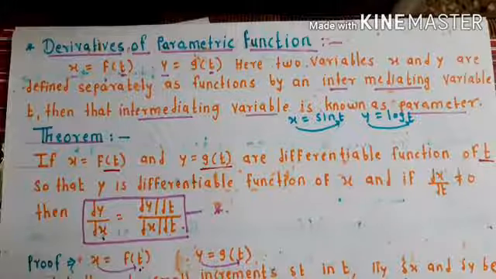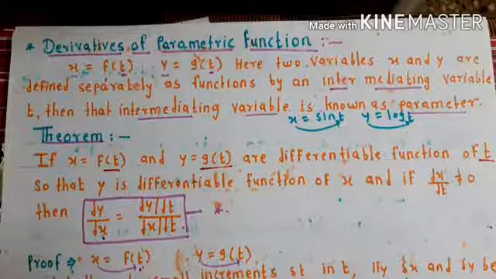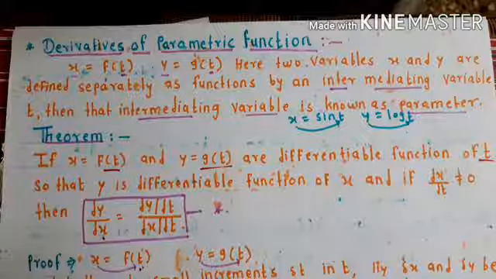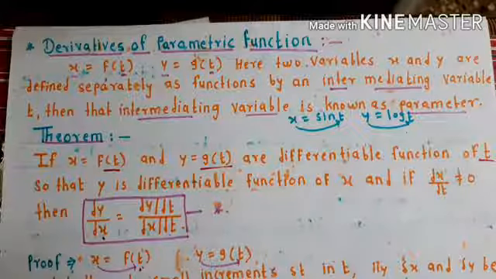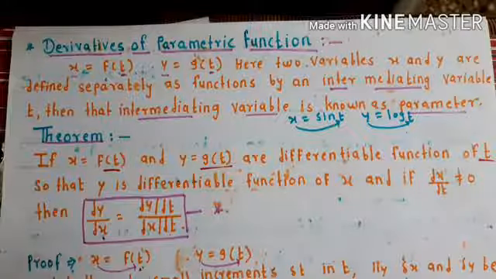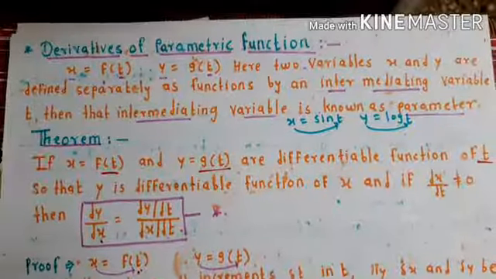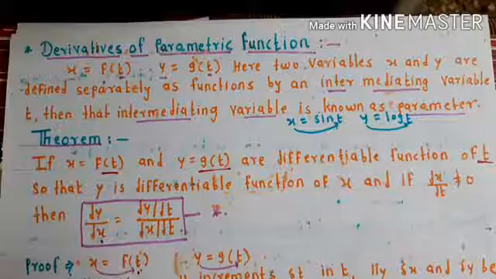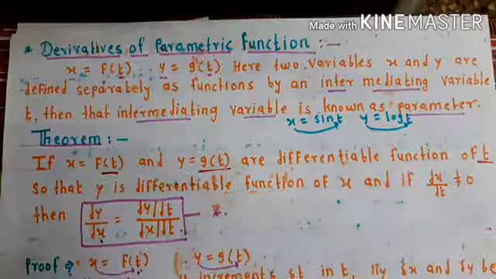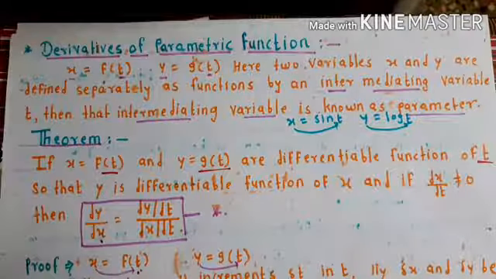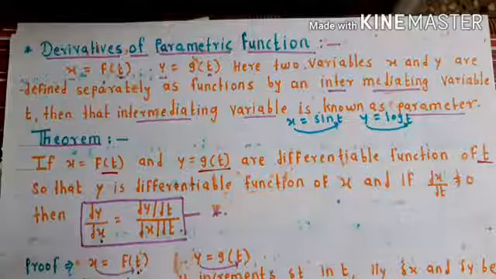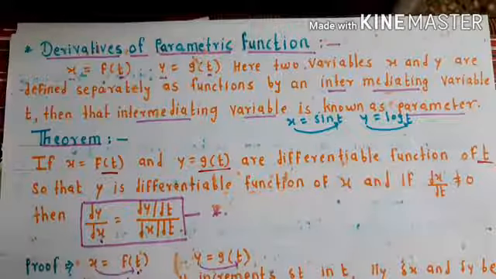Then we consider the ratio that we have to prove. Then we take limits on both sides. After that we use the definition, and in the last step we prove the theorem. In 4 steps we prove the theorem. Likewise in this theorem also we have to prove it.